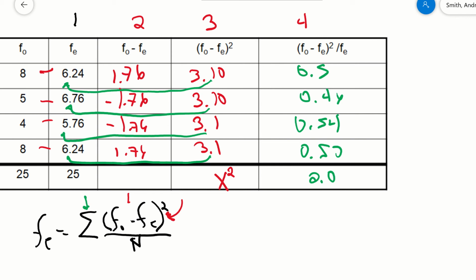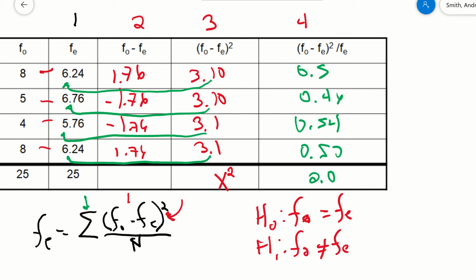But we're not done with this, because our hypothesis was that F observed equaled F expected, right? And our alternative was that F observed did not equal F expected, right?